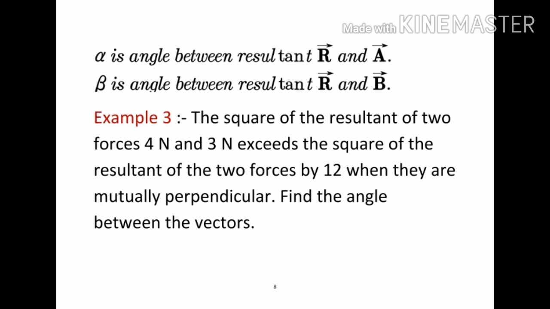First one, the square of the resultant of two forces 4 Newton and 3 Newton exceeds the square of the resultant of the two forces by 12 when they are mutually perpendicular. Find the angle between the vectors.